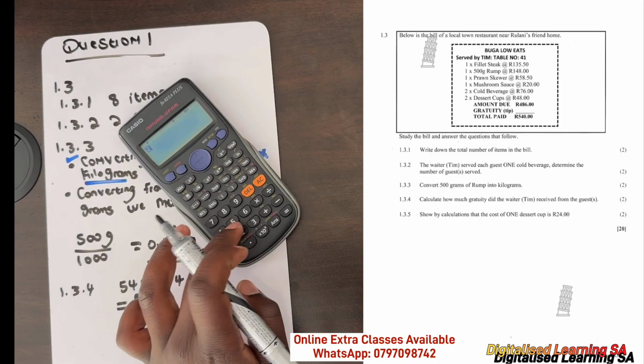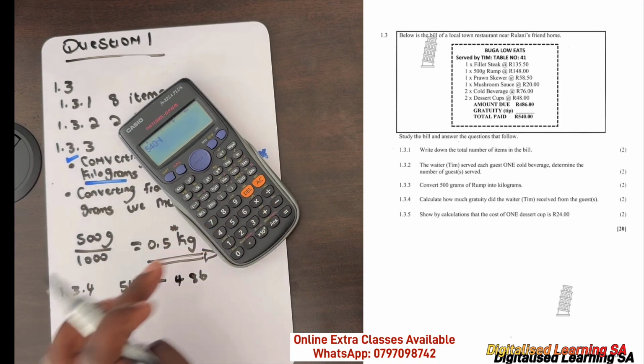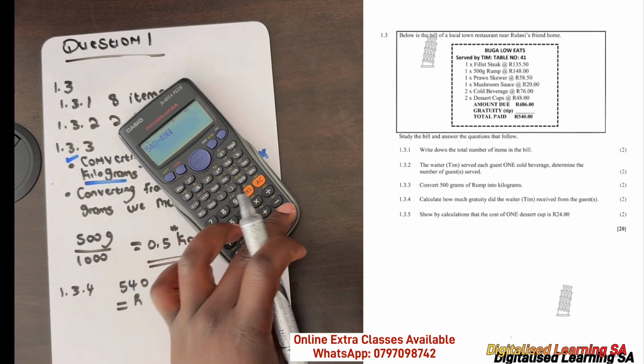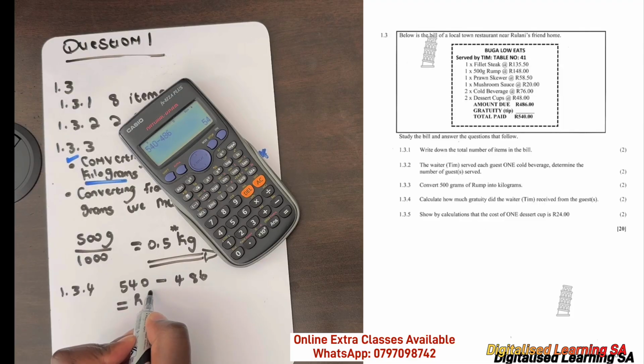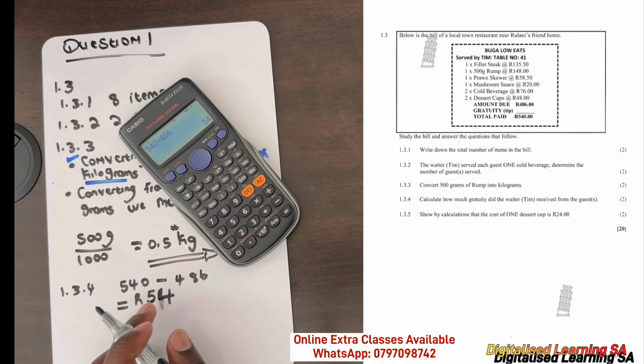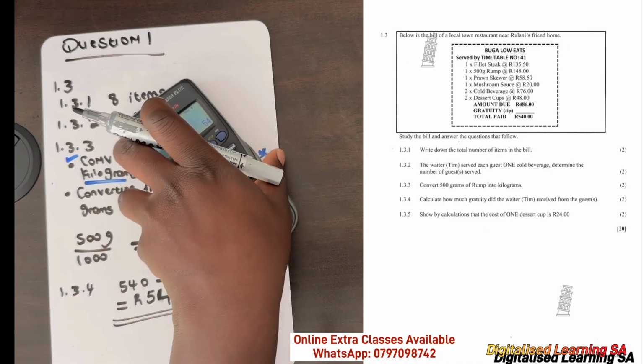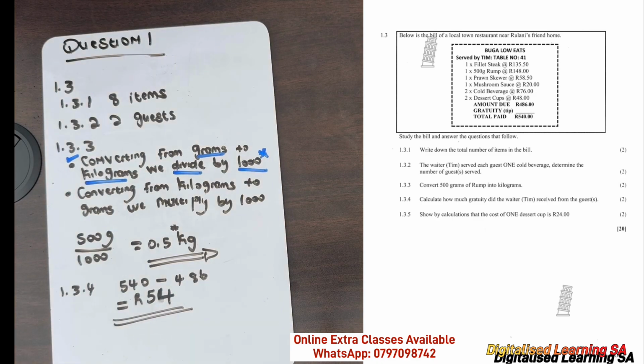So we are going to say 540 minus 486, and our answer will be 54 rand, meaning that the gratuity or the tip is 54 rand.